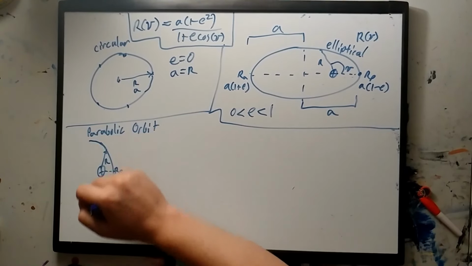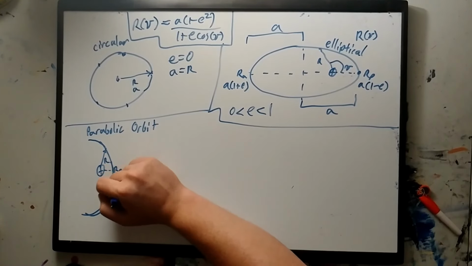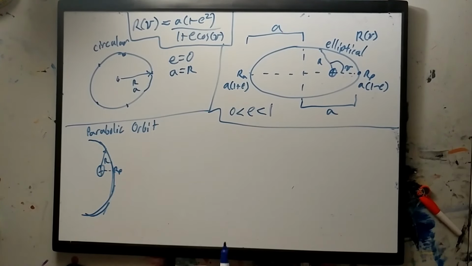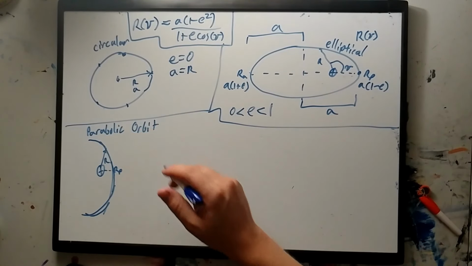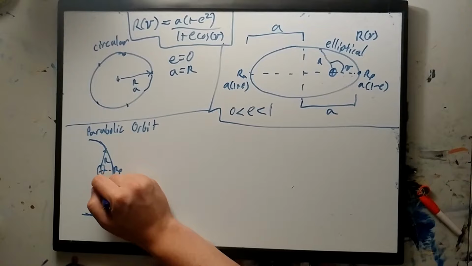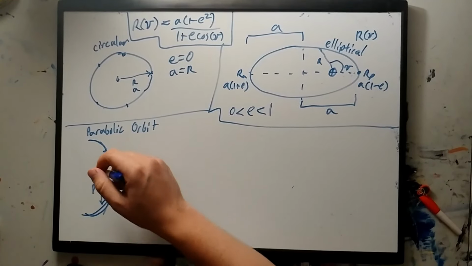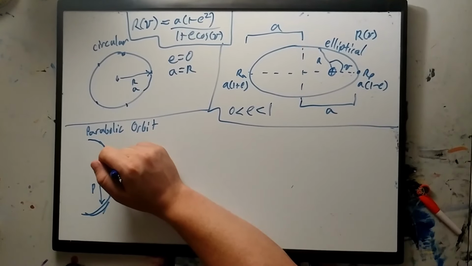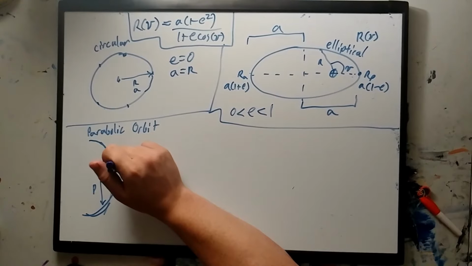The parabolic orbit doesn't fully circle the Earth. It just kind of flies by. Now p, if you remember right, is 90 degrees of true anomaly away from the periapsis.